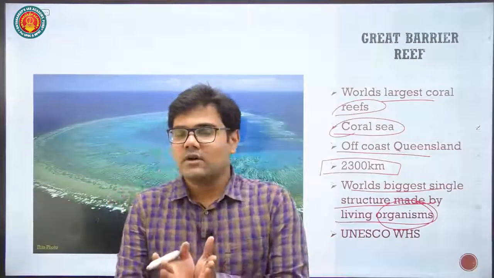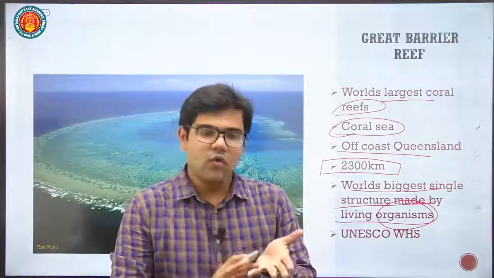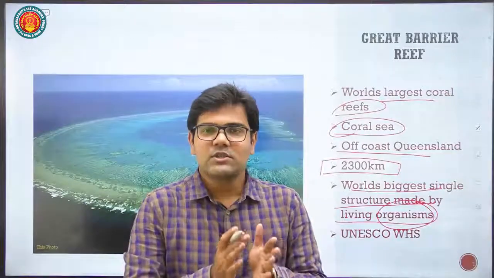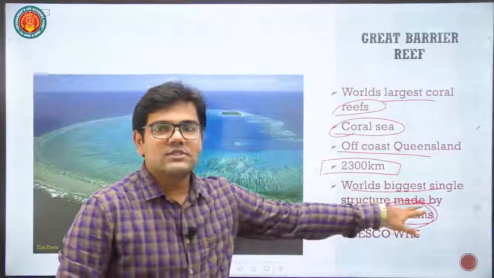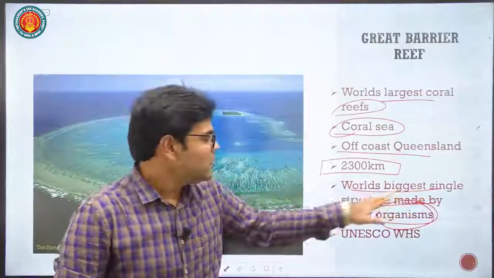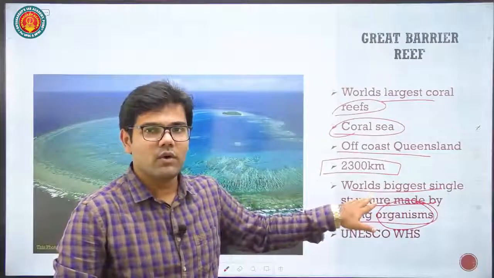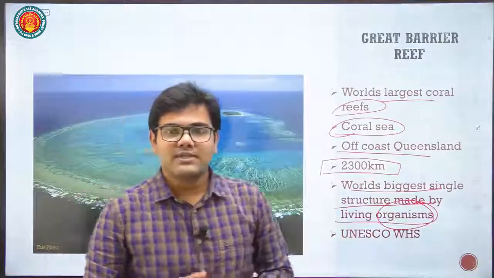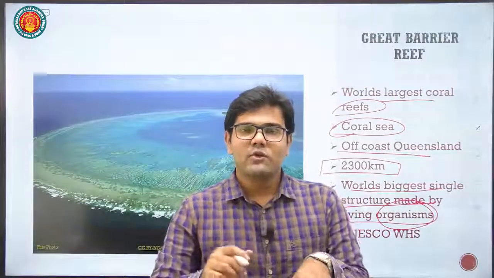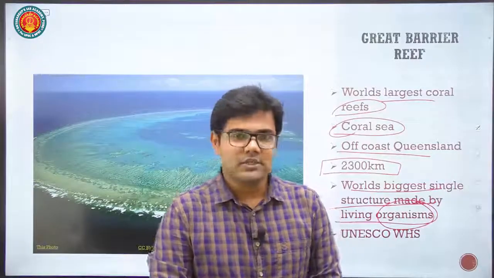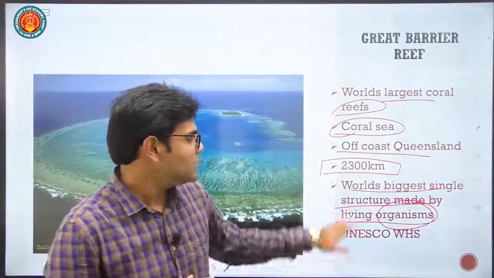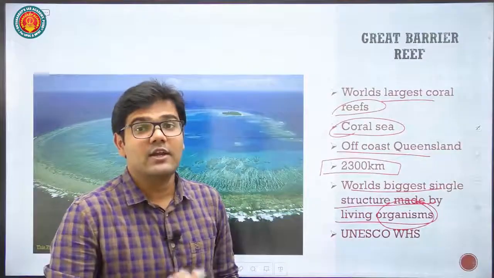Only two living creatures, corals and mangroves, are able to form lands, because corals form islands. We know our islands from Lecture-03. They are formed entirely by corals. Similarly, in Sundarbans, the mangroves collect the deposits deposited by the rivers. So mangroves and corals are the only two living organisms which are able to create new land.